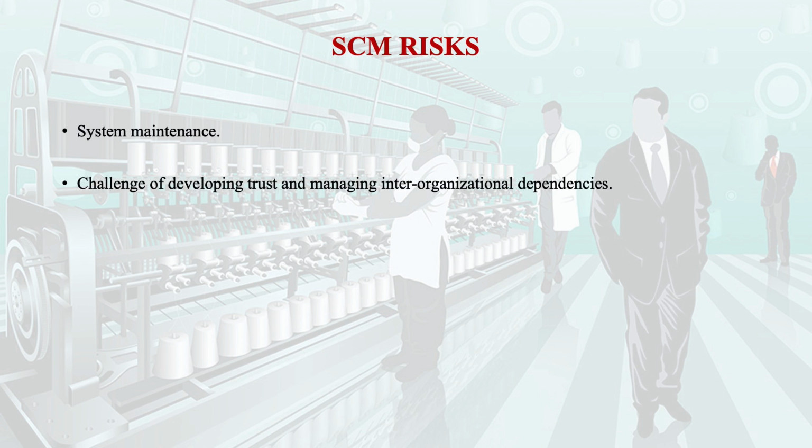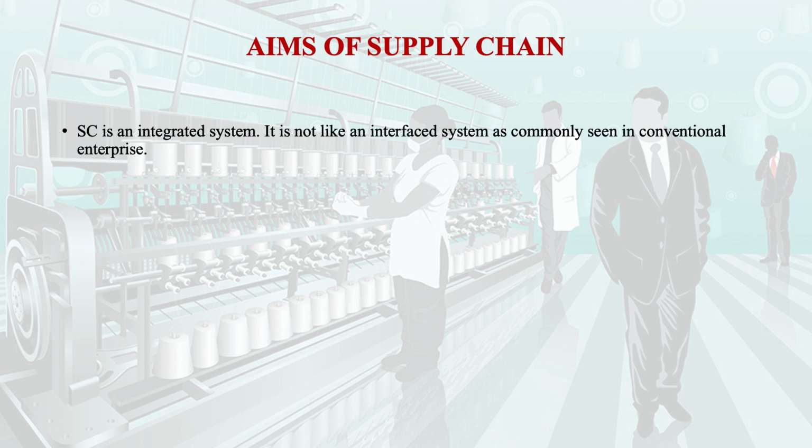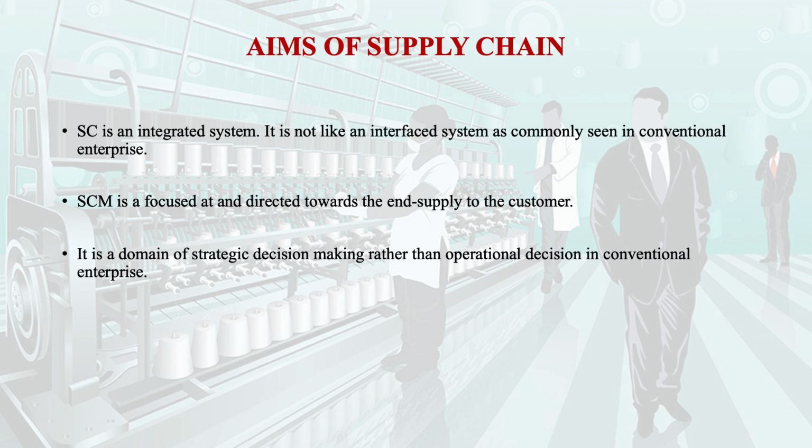If we talk about the aims of the supply chain, it is an integrated system. It is not like an integrated system as commonly seen in a conventional enterprise. SCM is focused at and directed towards the end supply to the customer. It is a domain of strategic decision making rather than operational decision making as in a conventional enterprise.